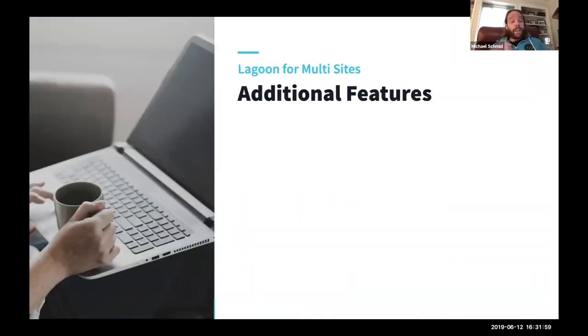So let's look at some additional features that unfortunately we don't have time to talk about today in the webinar, but we still want to mention them because they actually make the system really possible, especially if we have really big sites. So as I mentioned, the base image can be automatically built and tested via CI. We have some customers that use Dependabot or any other tool that automatically updates your dependencies.